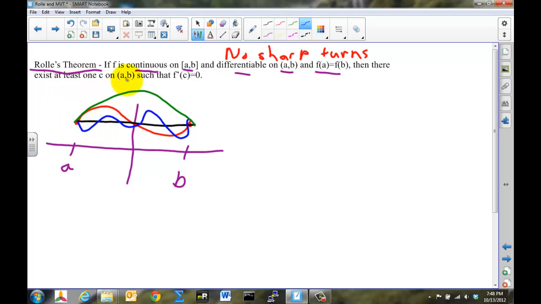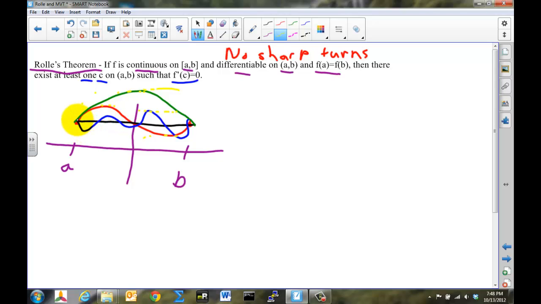And what conclusion can we draw? Rolle's theorem says there exists at least one c such that f prime of c equals 0. Now let's think about what f prime being 0 means graphically. Graphically, that means the slope is 0, the equation of a tangent line. So there has to be at least one such place on each of these functions. Notice that on the green one there's only one, but on the red function there's two, and on the blue there are many places, here and here and here and here and here.